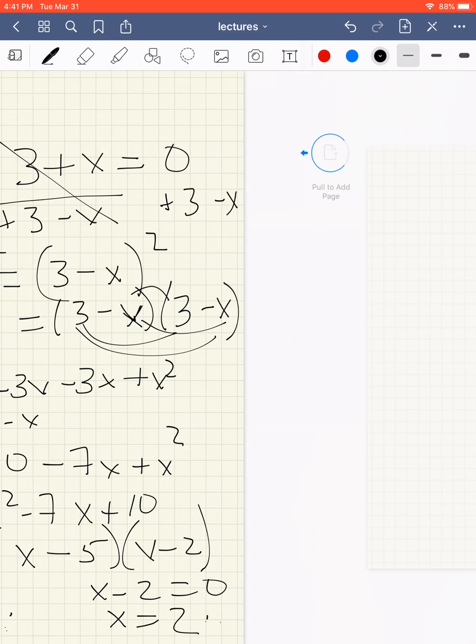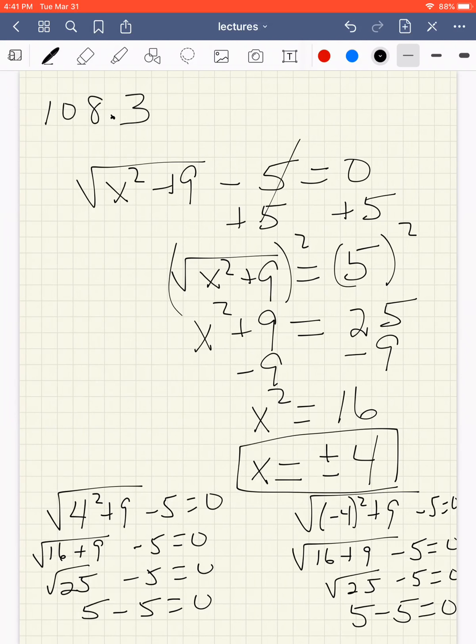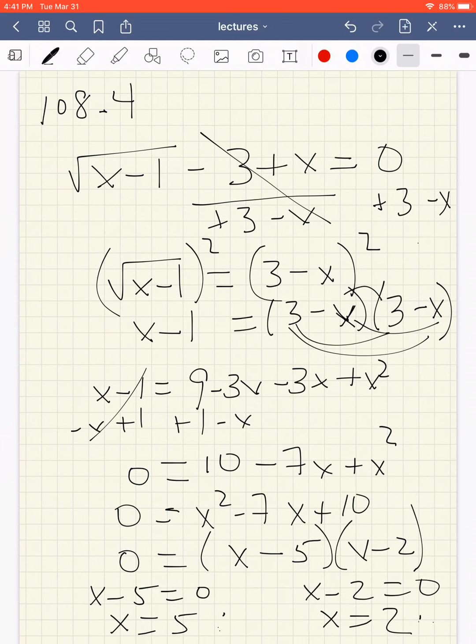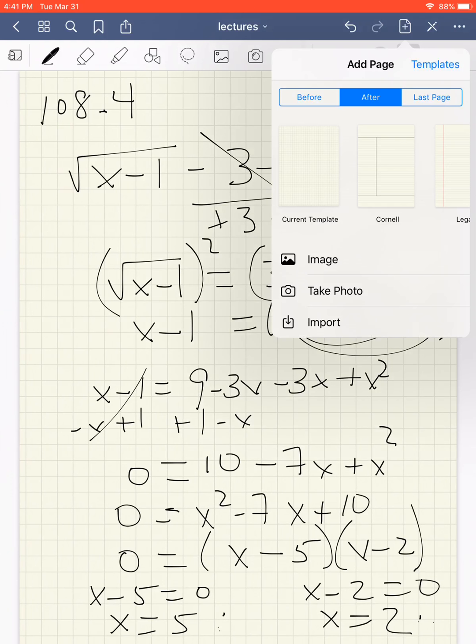Alright, so we have x equals 5 and x equals 2.